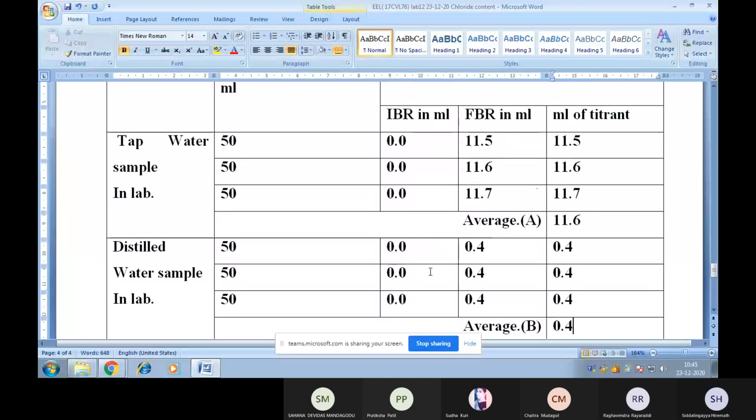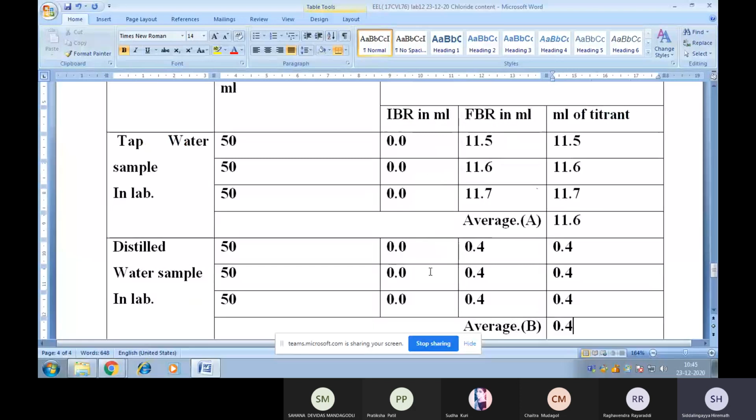Raghav? Yes, sir. I have gone through the calculation part. Is there any doubt? No, sir. Sudha? Sahna?